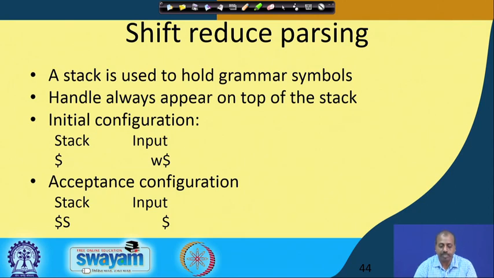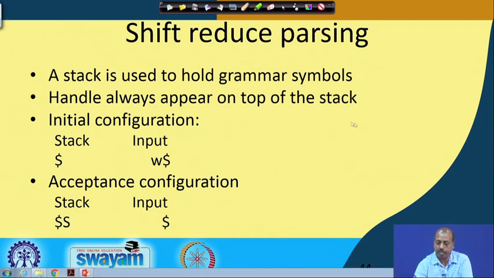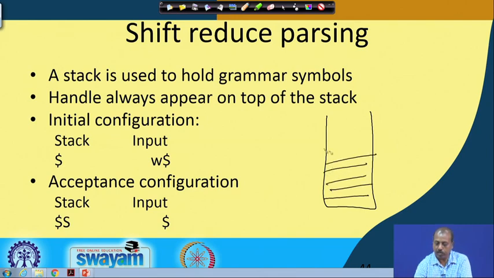We will be using a stack to hold grammar symbols. Grammar symbols means the terminals and non terminals, so both are grammar symbols. So, we will have a stack that holds the grammar symbols, and as a result the handle will appear on the top of the stack. If this is the stack, it has the grammar symbols in it.